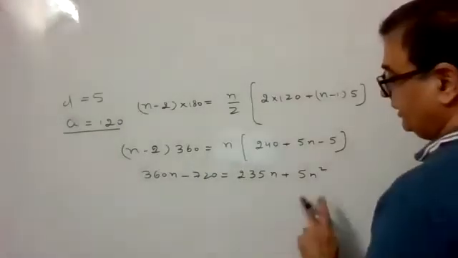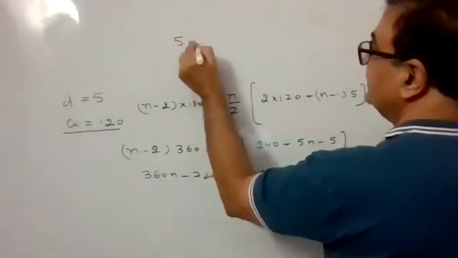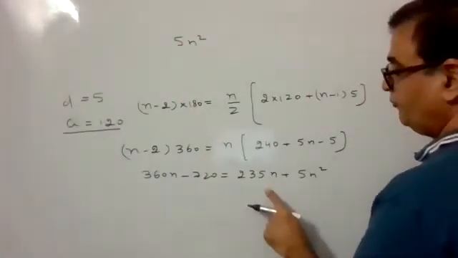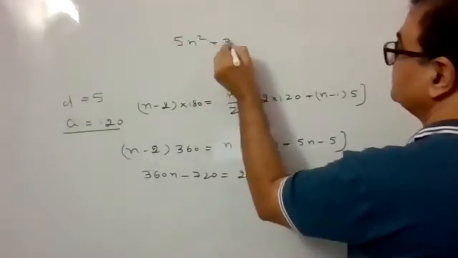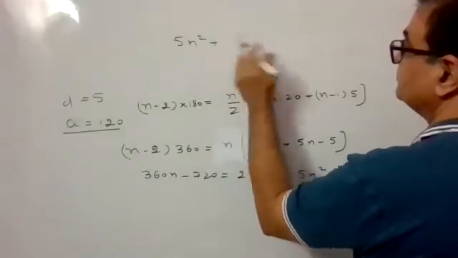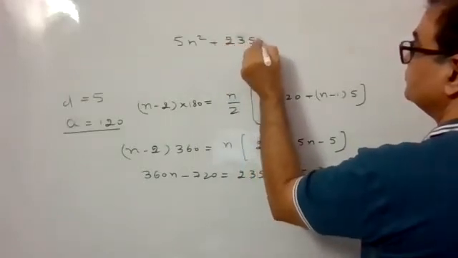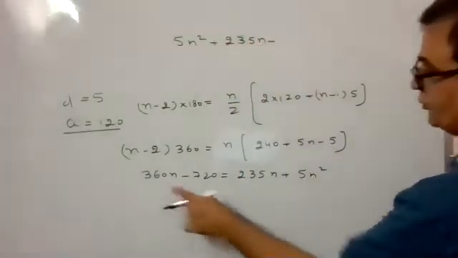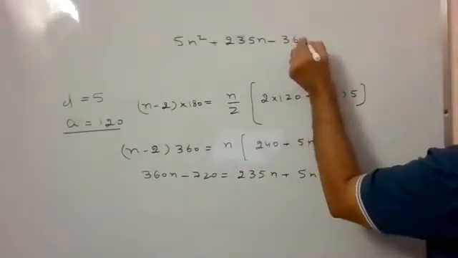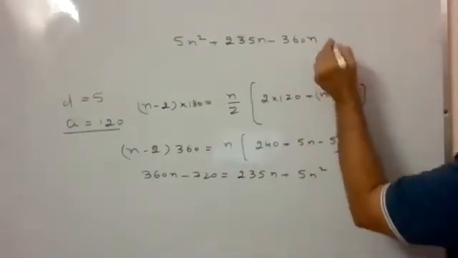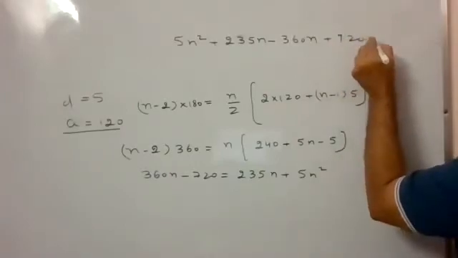So here I get 5n square, 235n minus 360n, plus 720 comes out to be 0.